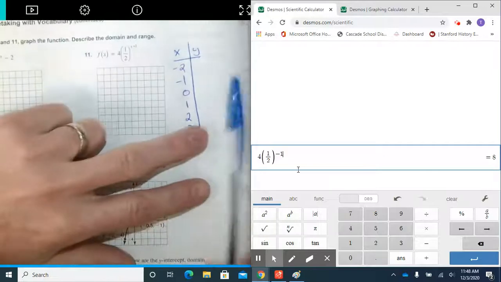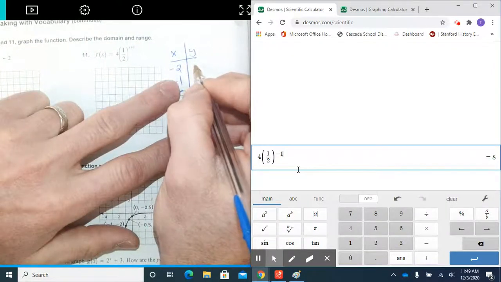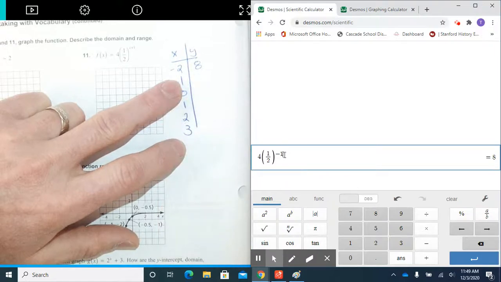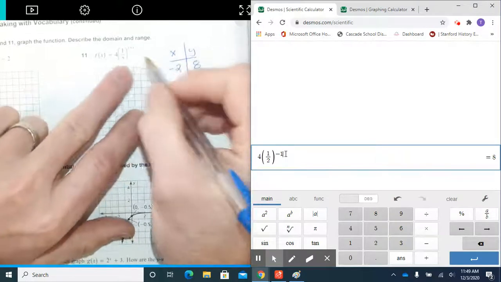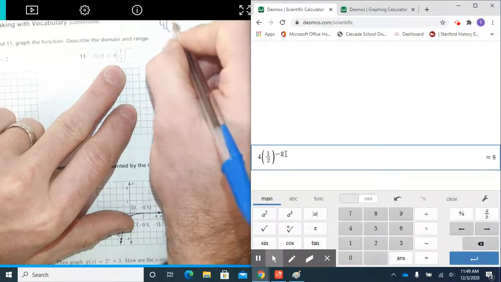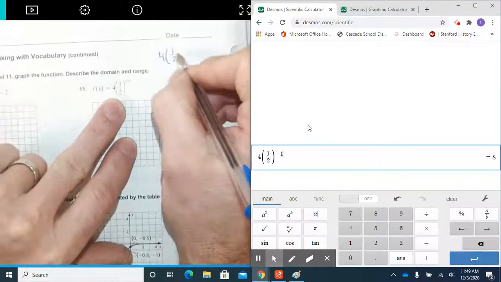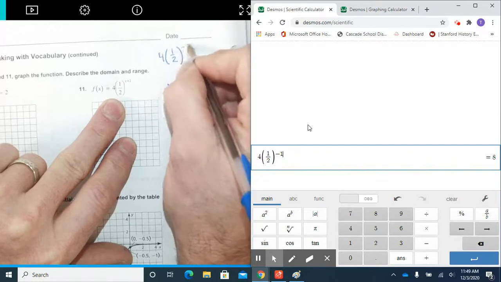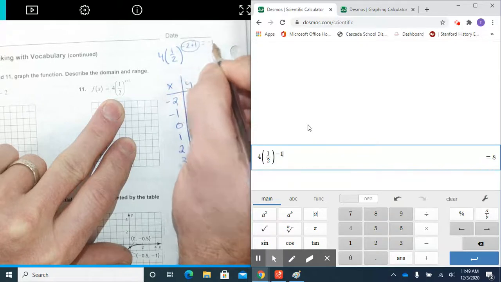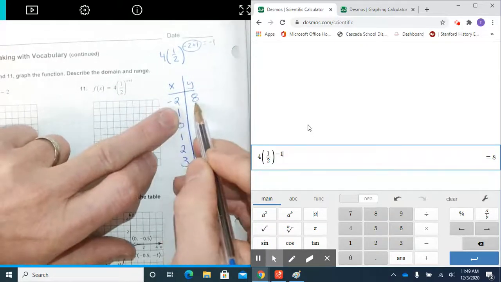So for this one I get 8. Don't be confused that my equation says -1, but what it is is -2 plus 1. So I have 4 times 1/2 to the -2 plus 1, which equals -1. So my -2 value is 8.